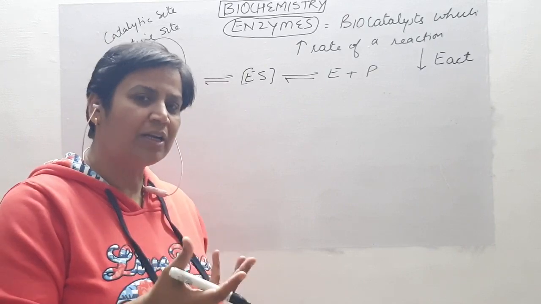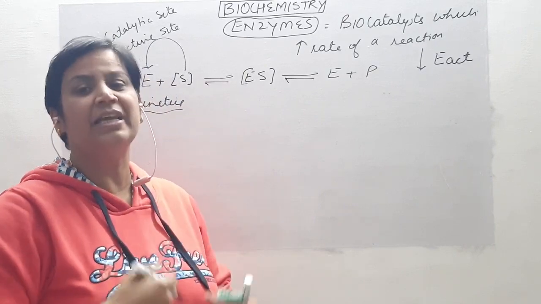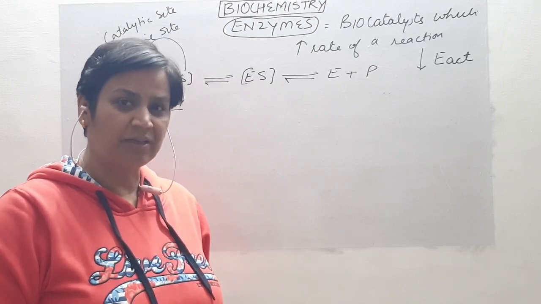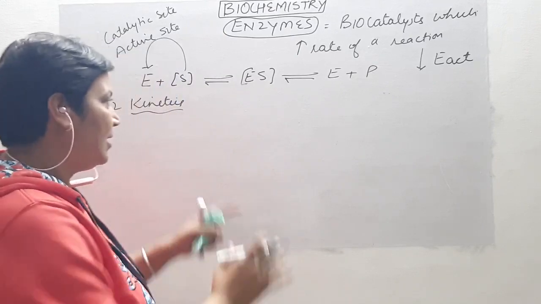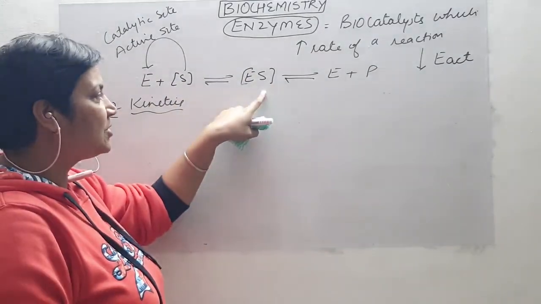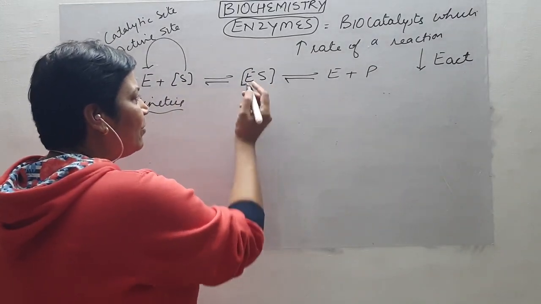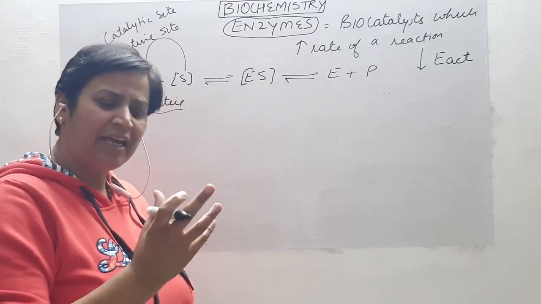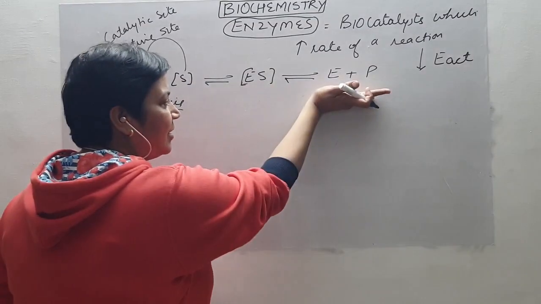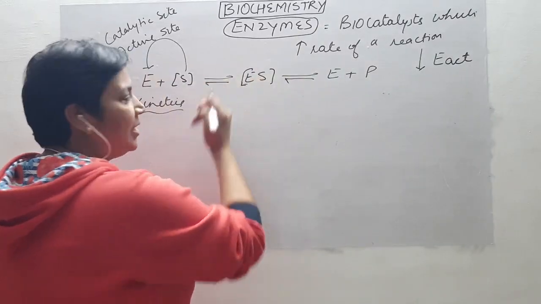If the amount of product produced is what is required, then only there will be some authenticity of the reaction. So this we cannot measure. This enzyme substrate complex, always remember, whatever is written in square brackets, it is very unstable. So either it will be converted here or it will be converted back.